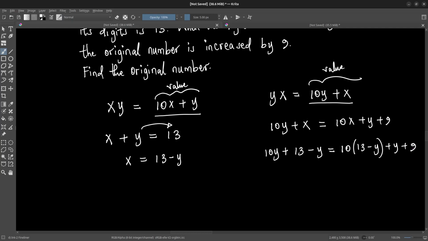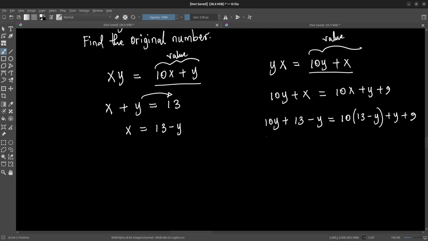It's time to expand this and we'll group like terms together afterwards. So the left becomes 10y minus y, which is 9y, plus 13, is equal to 10 times 13, that becomes 130, minus 10 times y, that becomes 10y, and then plus y plus 9.